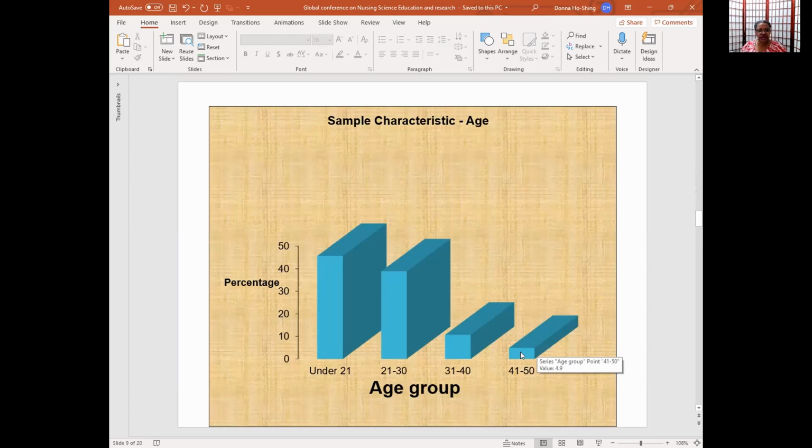As you can see, less than 10% of the sample were between age 41 and 50, and not anyone over 50 years of age. So we had a high percentage under 21, those who were just coming from high school.